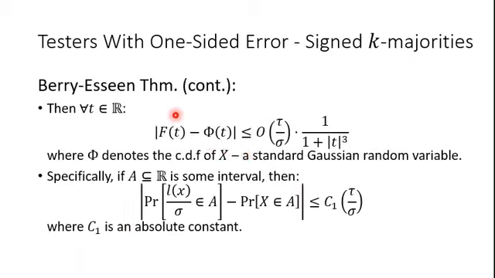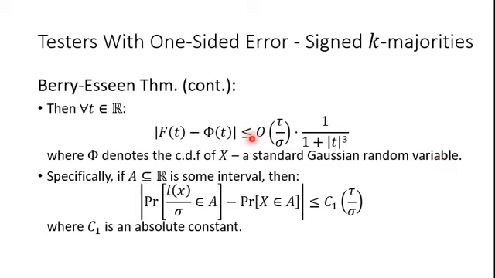So this theorem is actually a version of the central limit theorem that has error bounds. And basically what it states is the relationship between the cumulative distribution function F that we just defined and the standard Gaussian cumulative distribution function. Specifically, phi denotes the CDF of x, which we will take to be a standard Gaussian random variable.